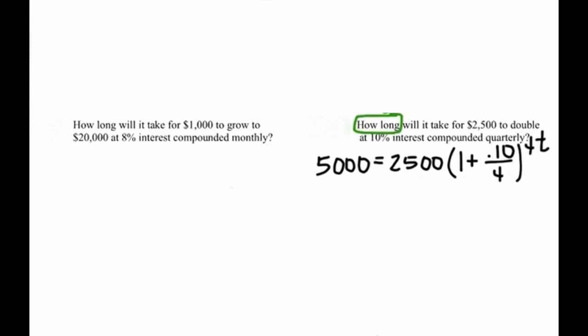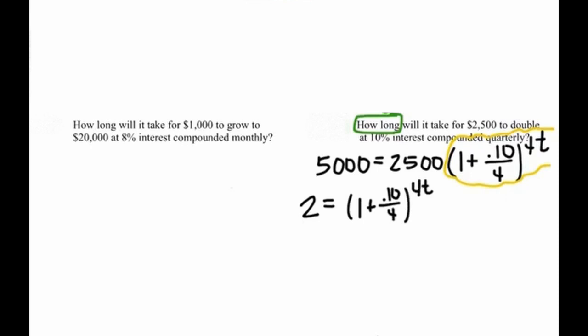So once again, we want to isolate the exponential quantity. So we'll divide both sides of the equation by 2,500, and we'll get 2 is equal to 1 plus 0.1 divided by 4, all raised to the 4t power.